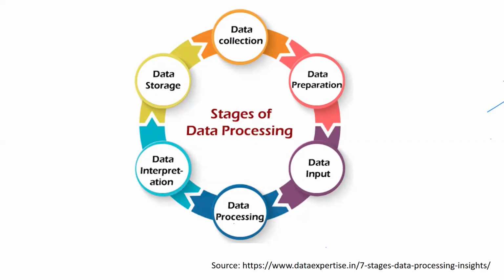Then we input our data in the Excel sheet and process the data. Using machine learning and artificial intelligence, we then interpret the data according to a regression model or classification model. Then we store this data for future reference.